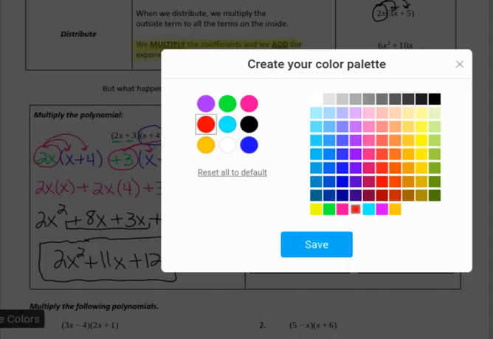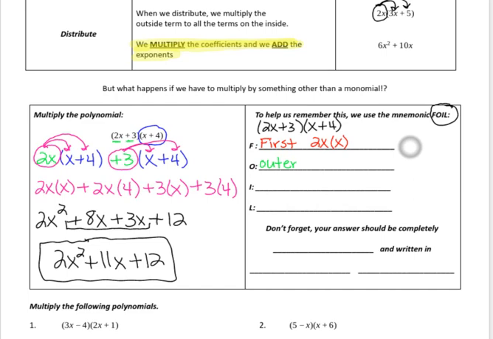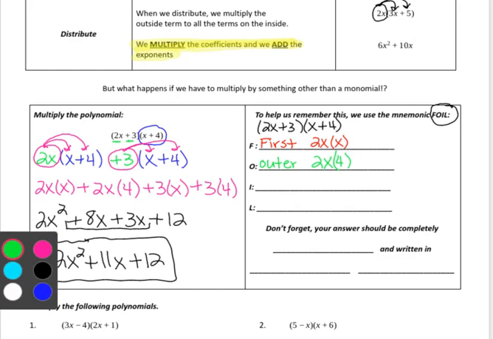The O stands for outer. So look at your parentheses and which pieces are on the outside. So in this case, that would be the 2x and the 4. The 2x and the 4 are the outermost terms when we're looking at multiplying these two binomials. The I stands for inner.